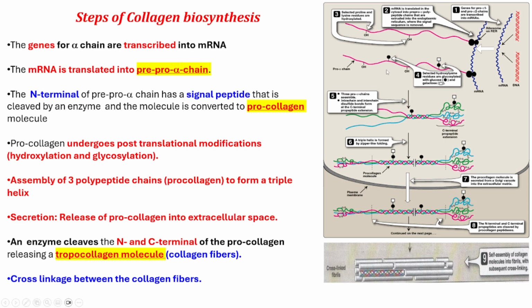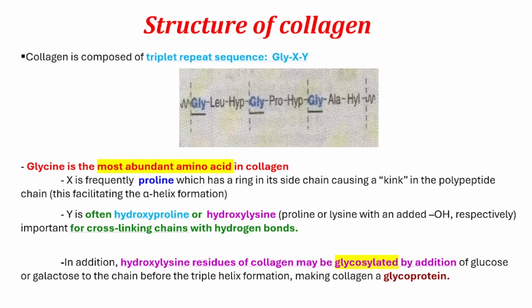So now, you saw with Dr. Ramey or Dr. Osman that during translation, we can undergo also post-translation modifications, right? By addition of OH group, by addition of other components, okay? So, based on the structures, here we have hydroxyproline, hydroxylysine.